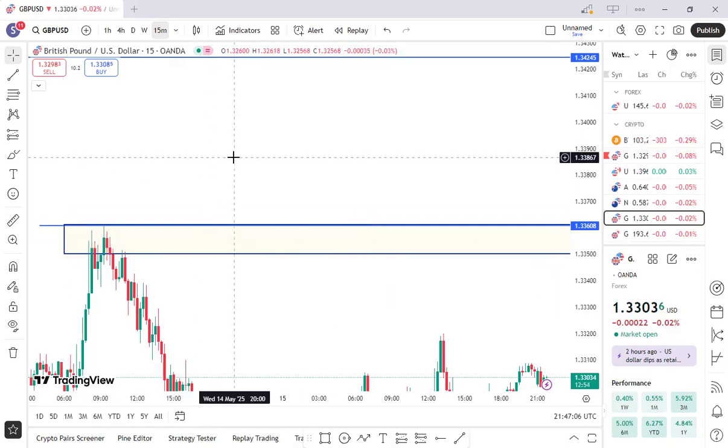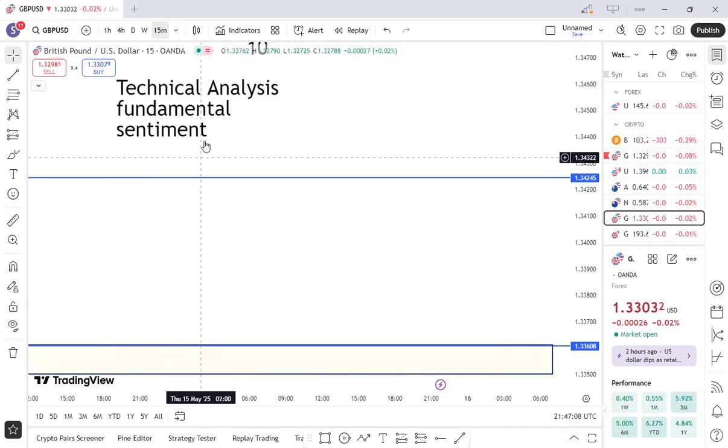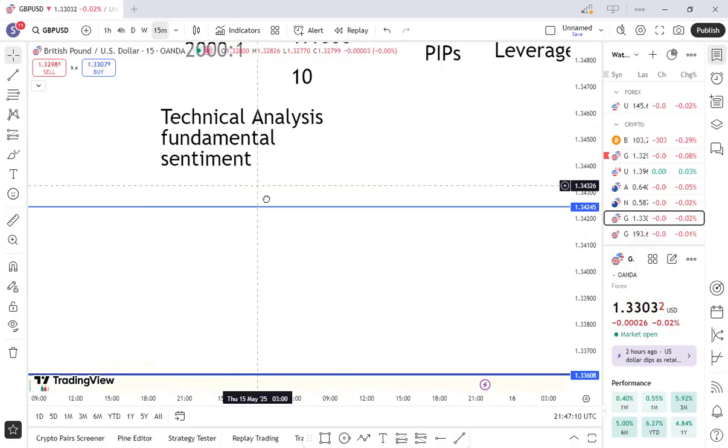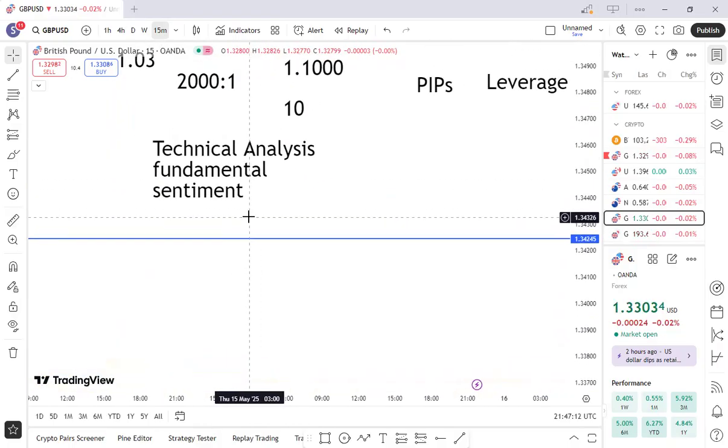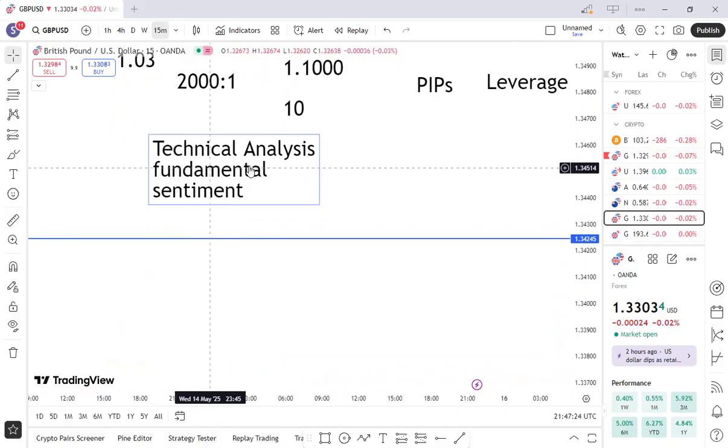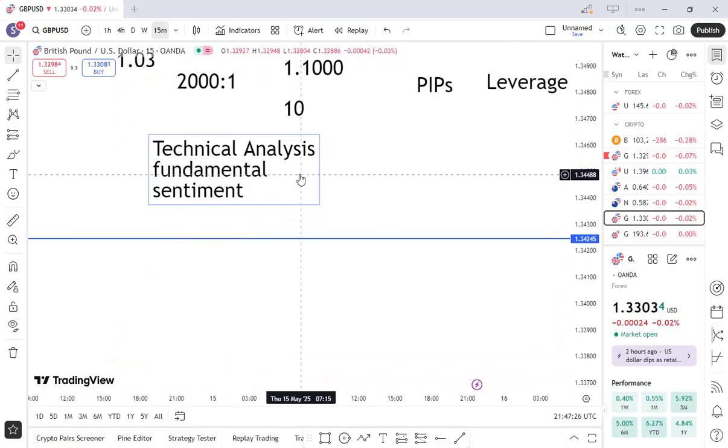If you are trading the fundamental analysis, you are looking at economic indicators such as interest rates, GDP, unemployment data, CPI and NFP. All these are under your fundamental news.